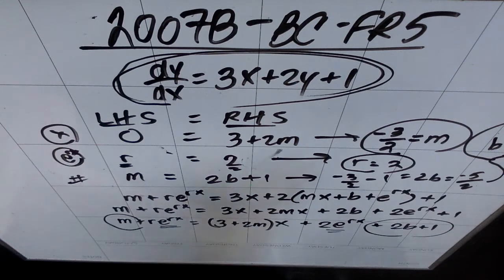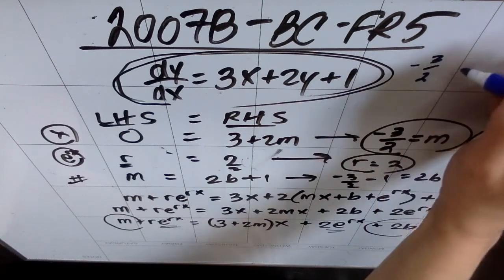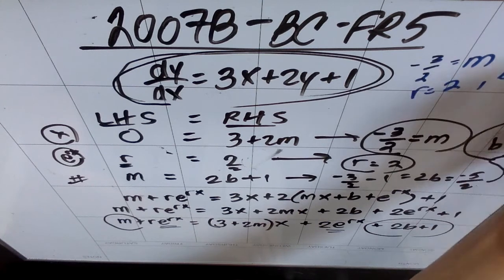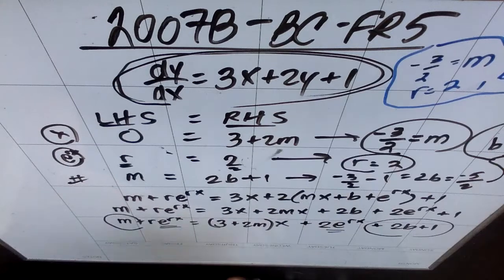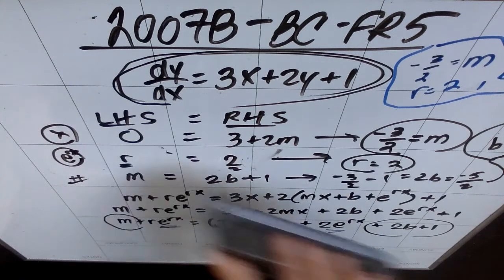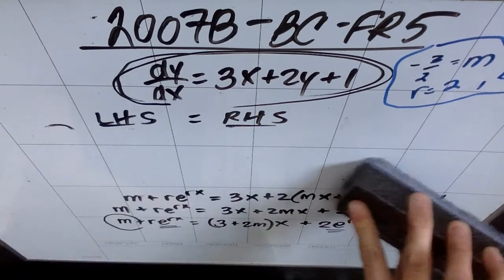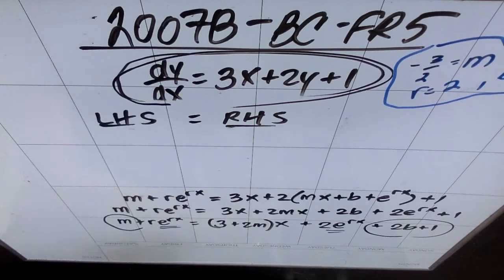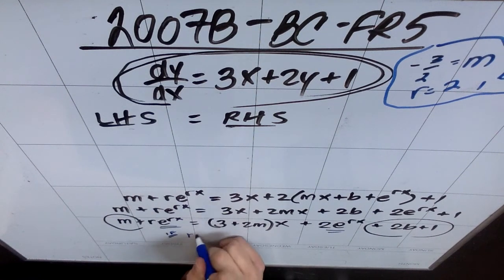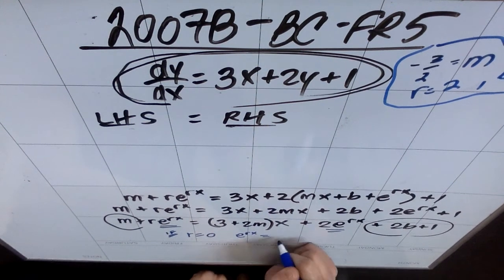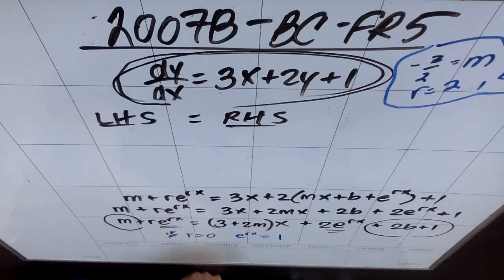So my first possibility was negative 3/2 equals my m, r equals 2, and my b was negative 5/4, right? But we have one other possibility, and it's only because we have this exponential here. The other possibility is that if r equals 0, then e to the rx is a 1, which means that these are actually constant terms.